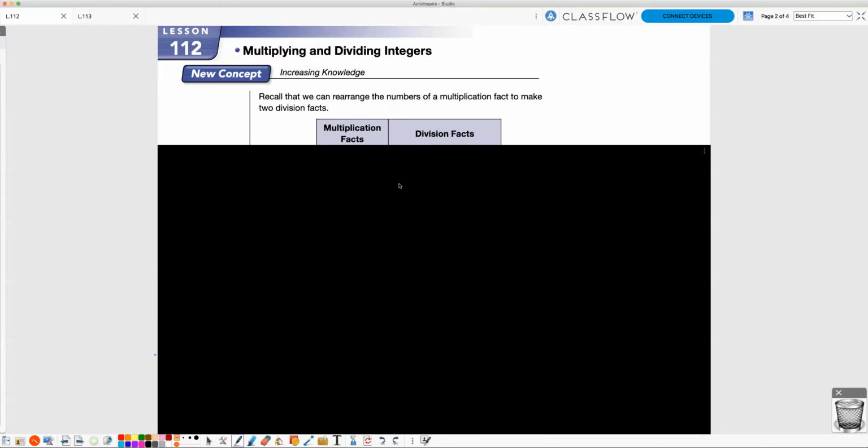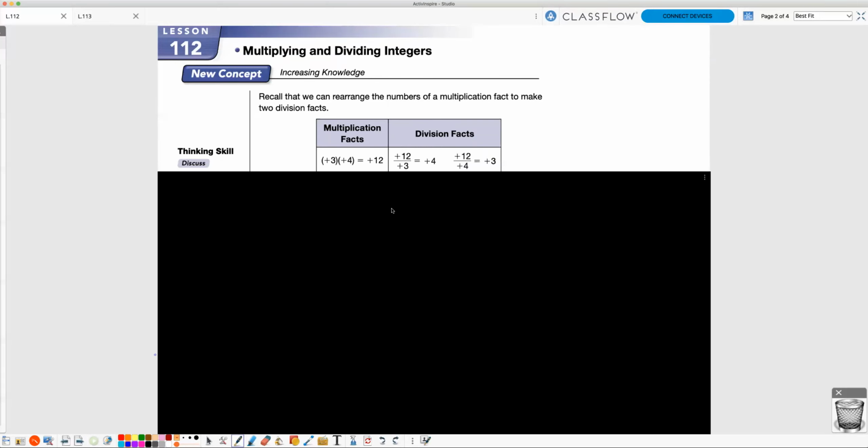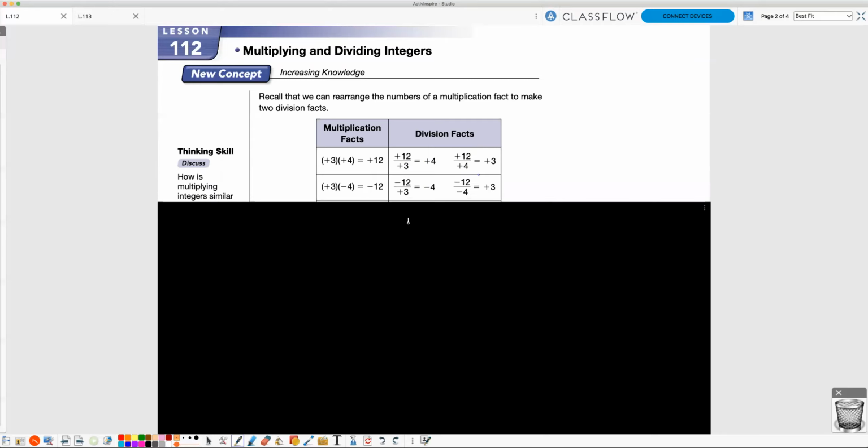Recall that we can rearrange the numbers of a multiplication fact to make two division facts. If you have 3 times 4 equaling 12, 12 divided by 3 equals a positive 4, and 12 divided by 4 equals a positive 3. 3 times a negative 4 equals a negative 12. Negative 12 divided by a positive 3 gives negative 4.